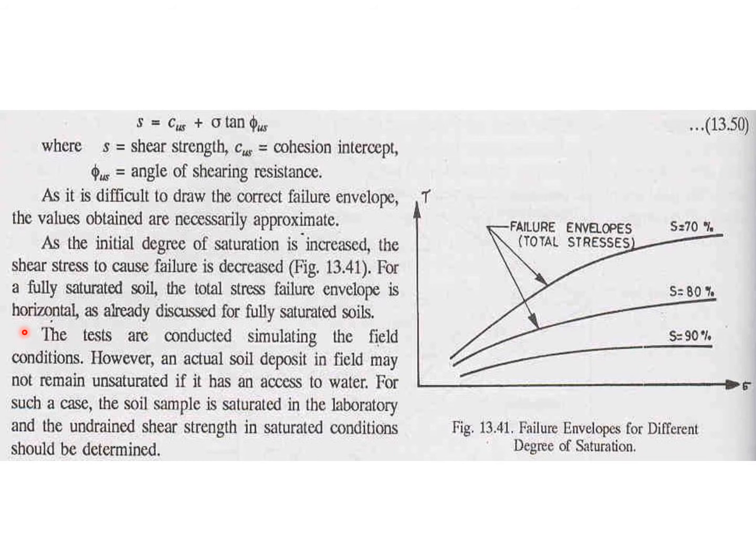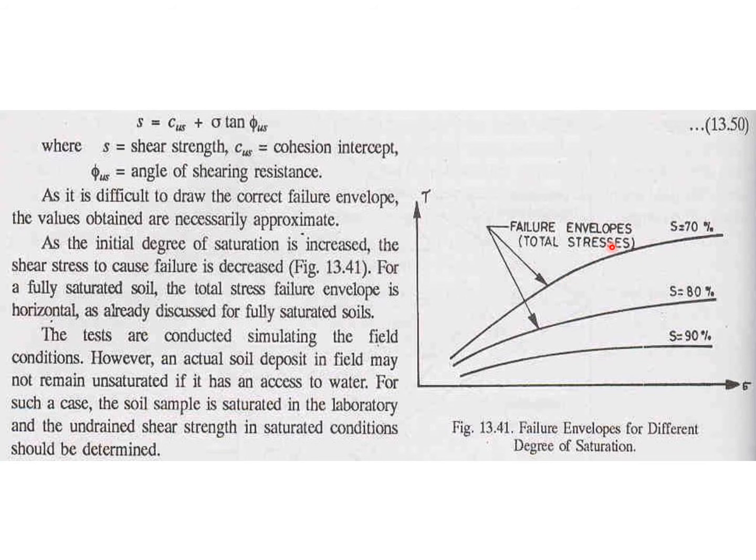The tests are conducted simulating the field conditions. However, an actual soil deposit in the field may not remain unsaturated if it has access to water. For such a case, the soil sample is saturated in the laboratory and the undrained shear strength in saturated conditions should be determined.